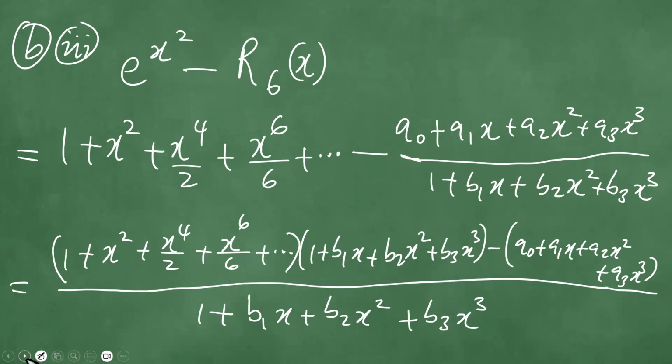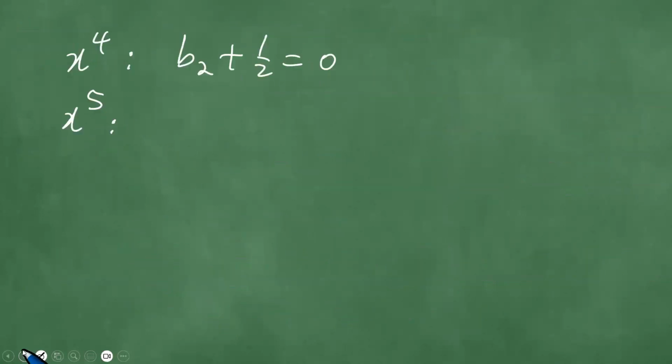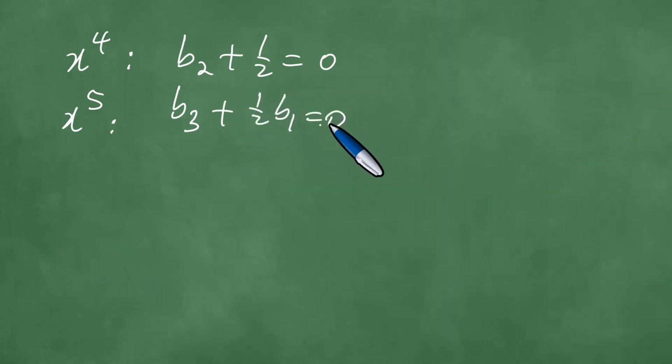So x to the fifth power is going to have the following coefficients. We're interested in the coefficients, so we're equating everything to 0. A very, very clever trick in this question, presenting a different dimension to the Pade approximation technique. So this one is b3 plus half b1 equals 0.